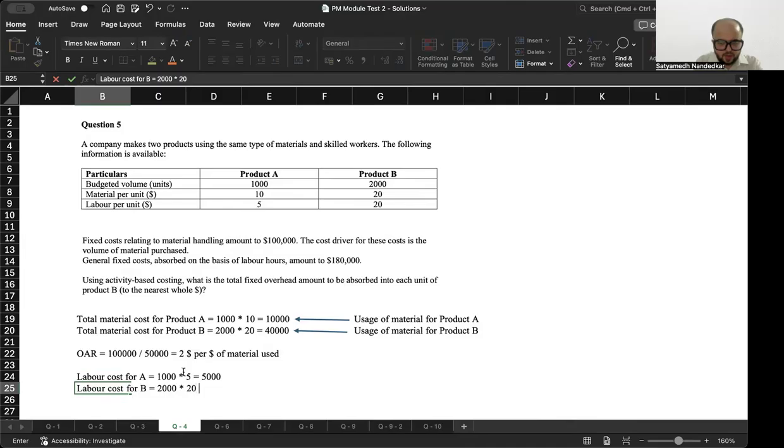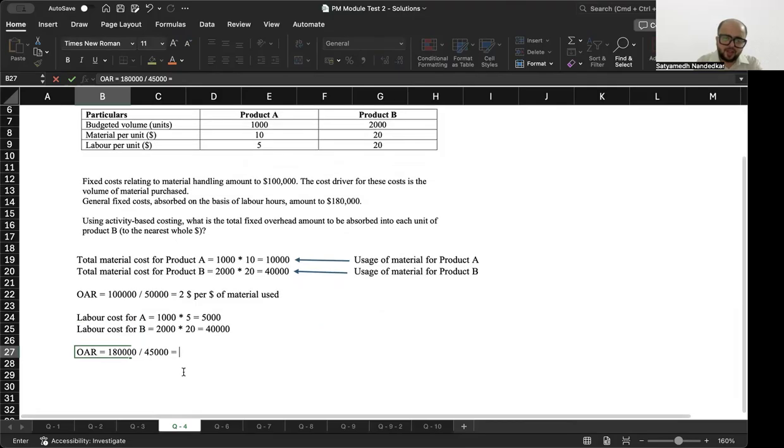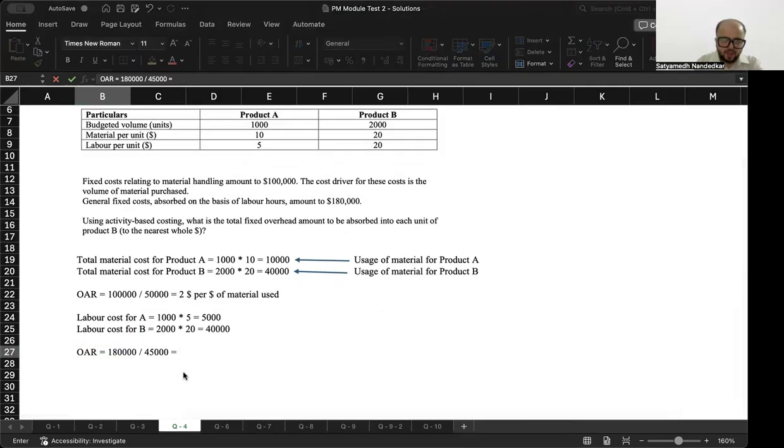Sorry, not 30. 2000 into 20, that is 40,000. So OAR in this case is 1,80,000 upon 45,000, which is 45 into 4. So OAR for labor is $4 per dollar of labor cost.